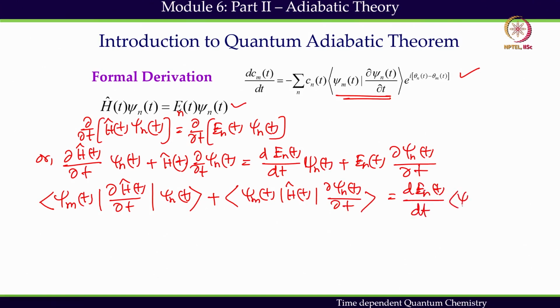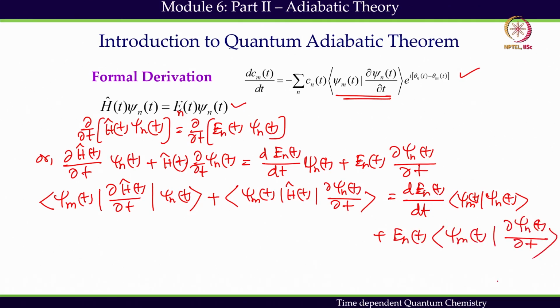E_n(t) dt psi m psi n(t) plus E_n(t) psi m(t) dt. So this is the expression finally we get, and we have to note that this is the integration over coordinate space.